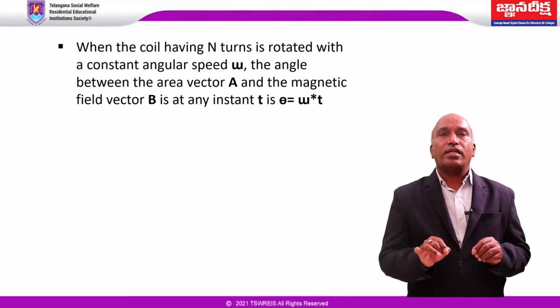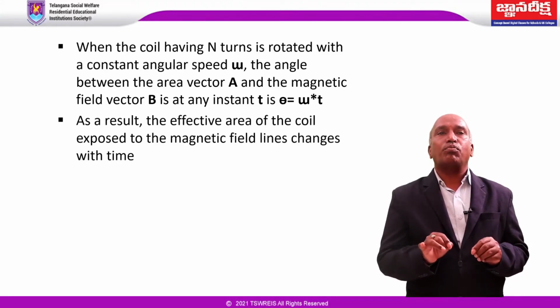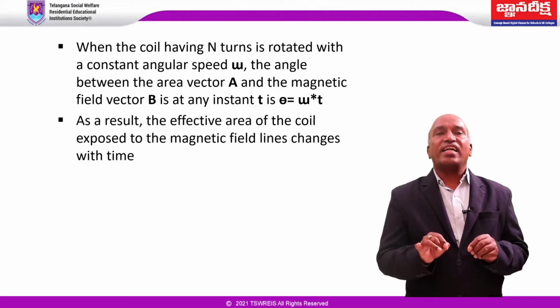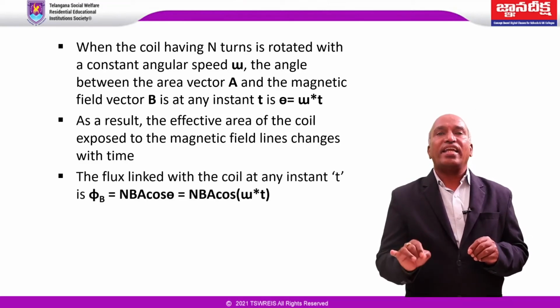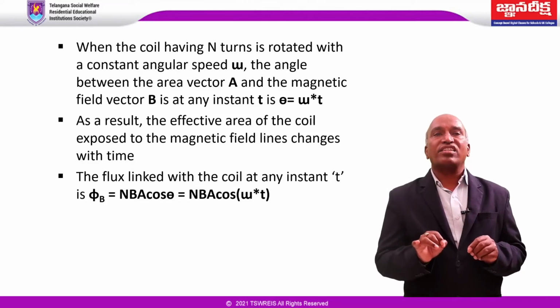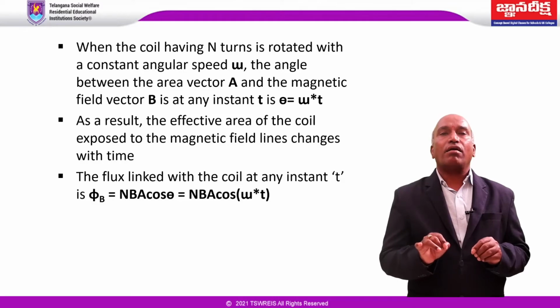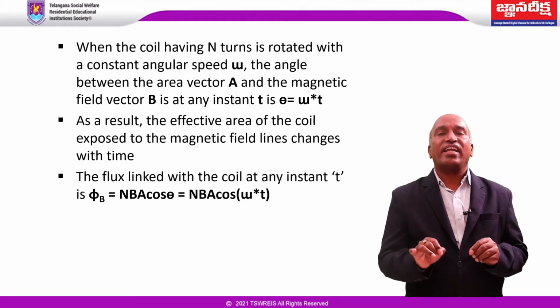As a result, the effective area of the coil exposed to the magnetic field lines changes with time. The flux linked with the coil at any instant t is given by phi B equals NBA cos theta, that is equal to NBA cos omega t.